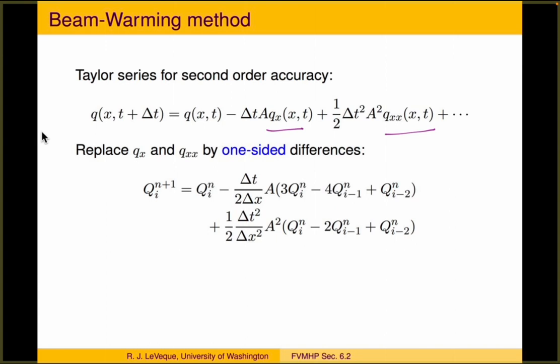So it still has second-order accuracy, but it uses a one-sided approximation of the first derivative and a one-sided approximation of the second derivative. So instead of using Q_{i-1} and Q_{i+1}, it's using Q_{i-2}. So this method has a stencil that looks like this. It would be using 2 points to the left and no points to the right.